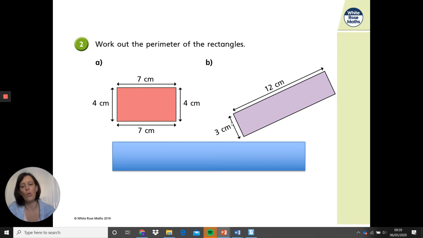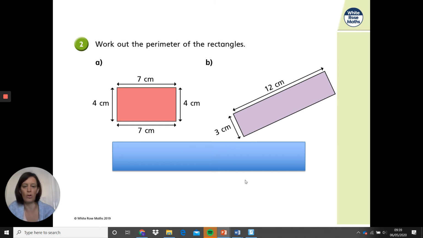And here we only know 2 of the sides, but we can still work out the perimeter, because if we know this one is 12, it's a rectangle, so this one must also be 12. And if this one is 3, we know that it's a rectangle, so this side must also be 3. Pause the video now while you calculate the perimeter of these rectangles.